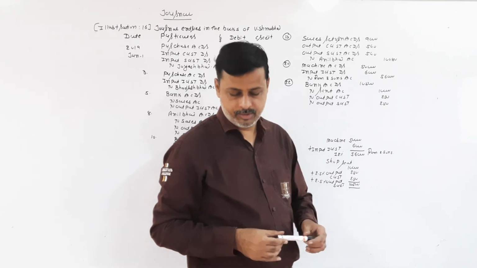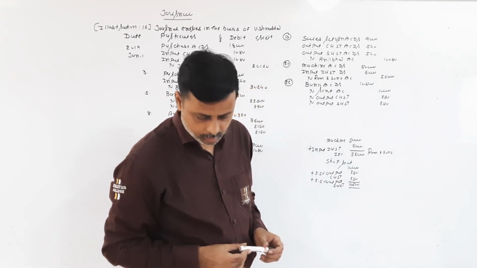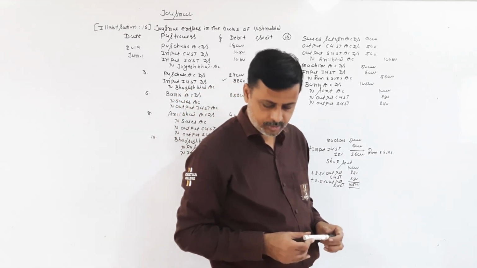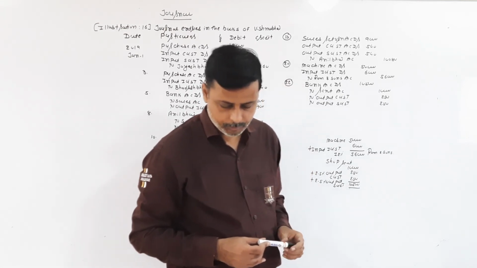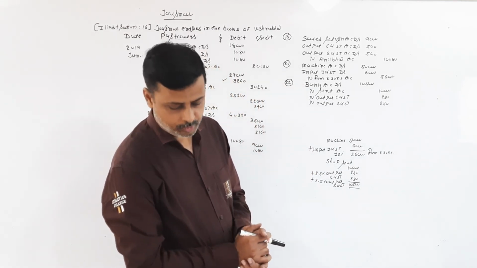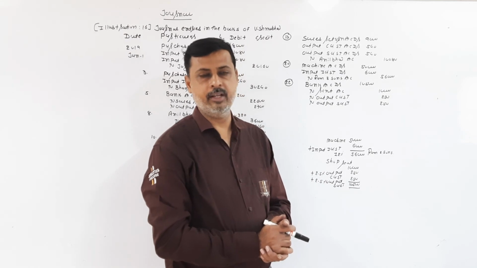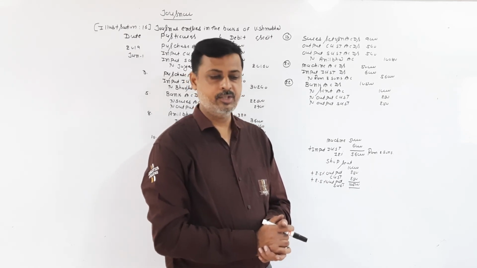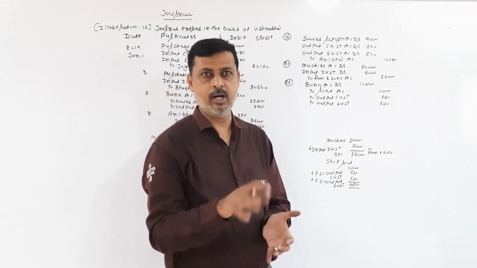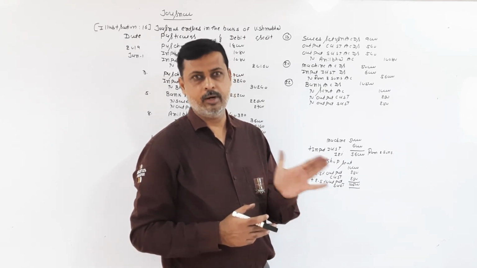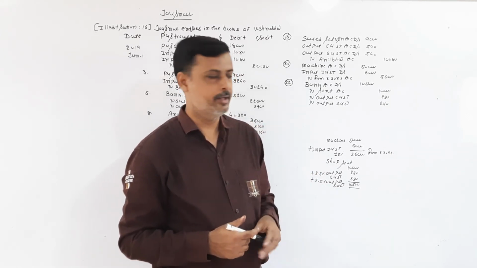Now the last transaction here: a commission of 20,000 received from traders of Mumbai. So here we received a commission, that is our income, and this commission is received from Mumbai, that is outside Gujarat. So IGST 5% is calculated here.